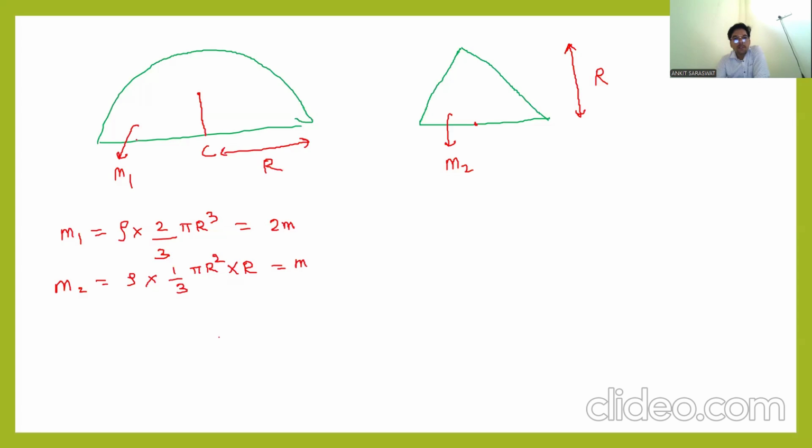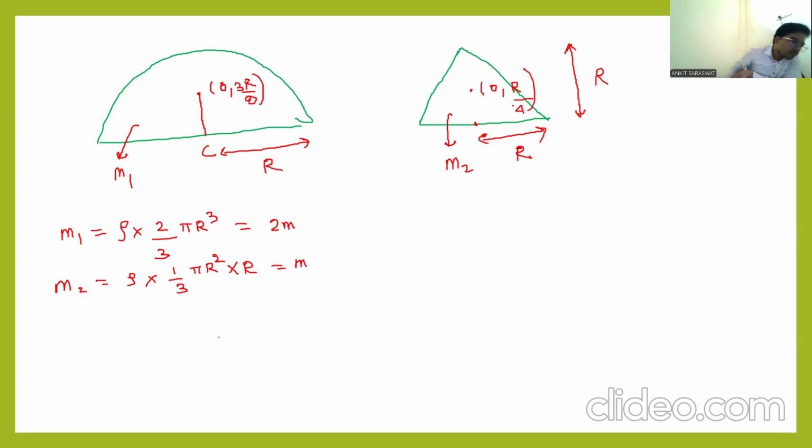So M1 is the mass of the solid hemisphere before it is cut. M2 is the cut part, the solid cone. You know the center of mass of this is 0, 3r by 8. Now the center of mass of this will be h by 4, which means 0, r by 4.